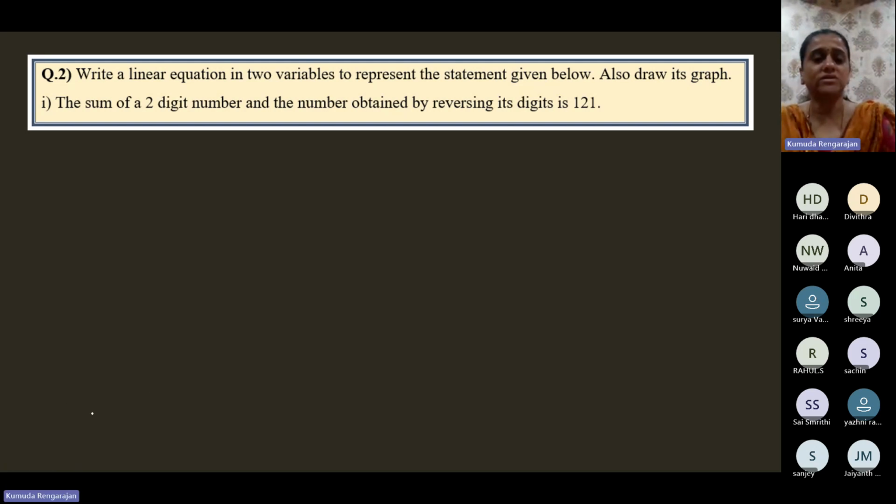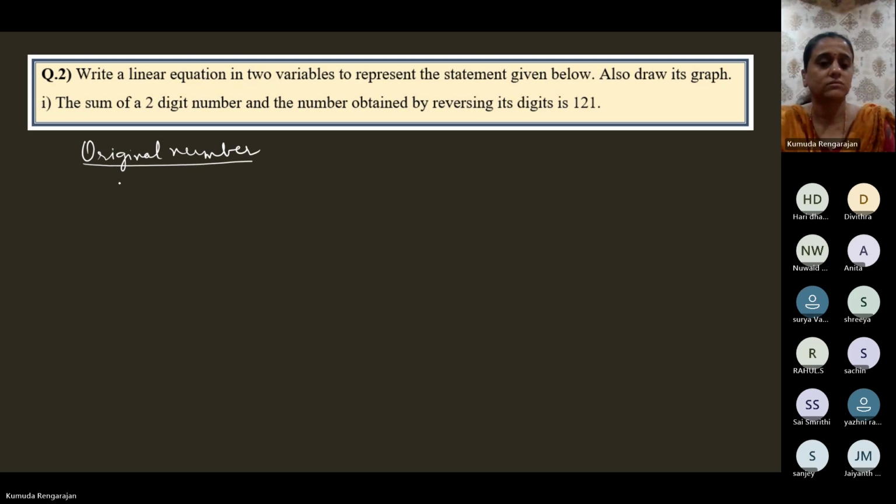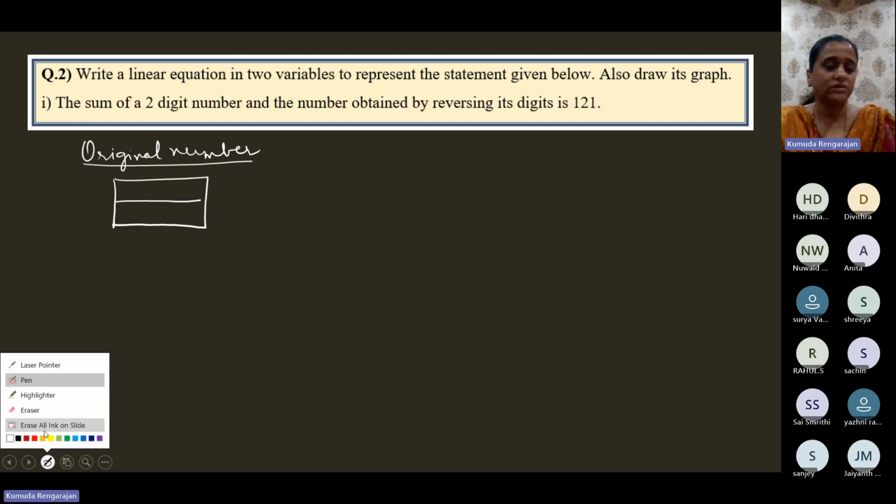So the sum of a 2-digit number and the number obtained by reversing its digits is 121. Let me just write the statements.